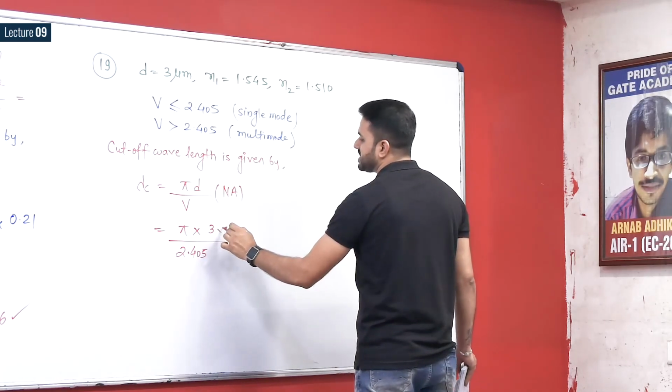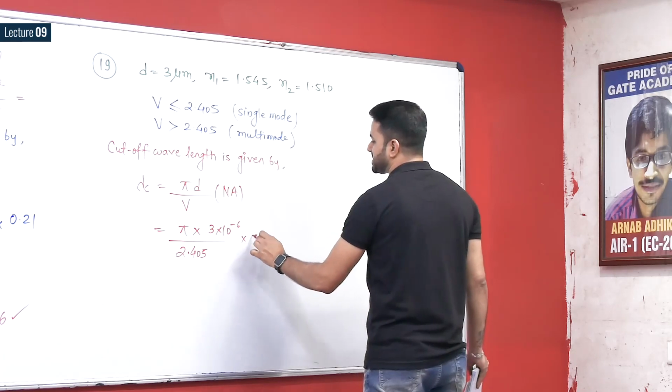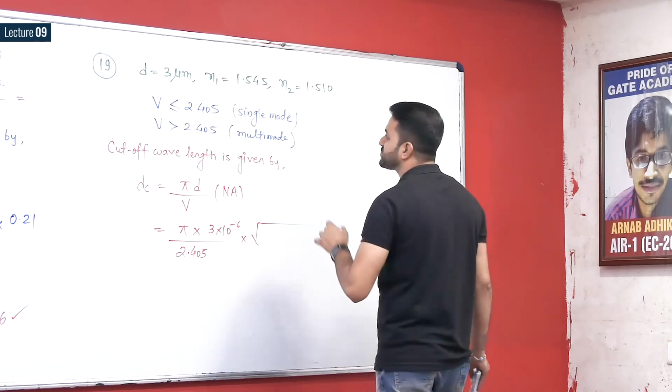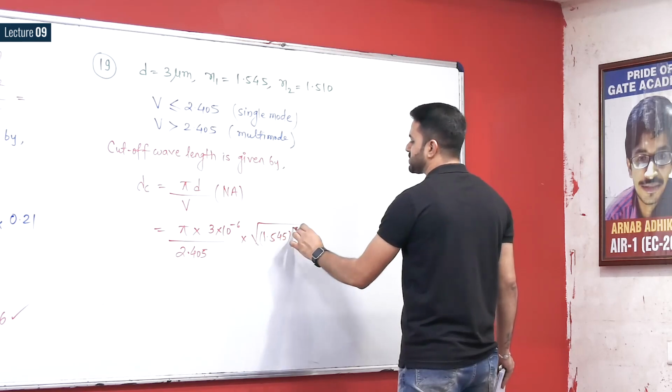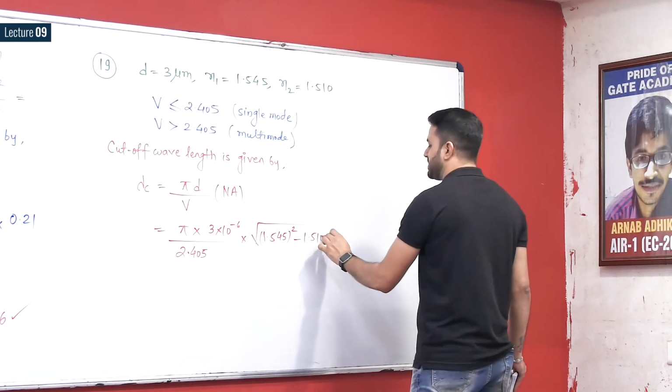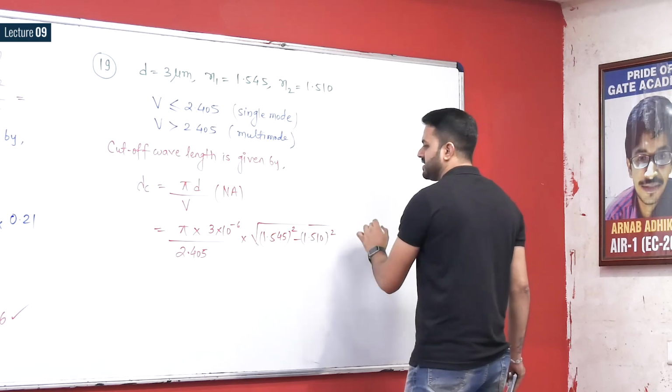The d is 3 micrometer and the numerical aperture is root over n1 square minus n2 square, that is 1.545 whole square minus 1.510 whole square.